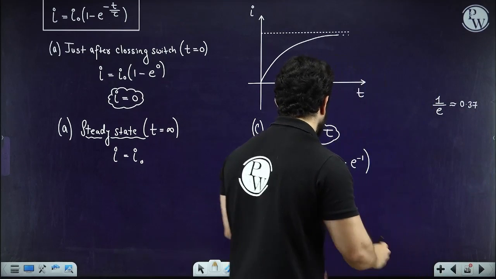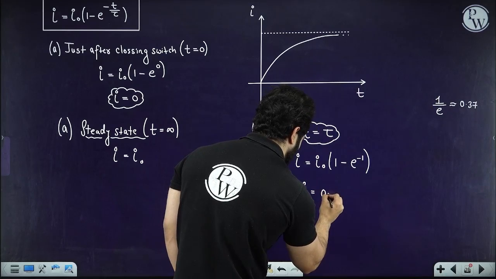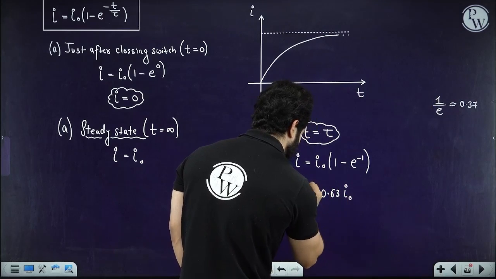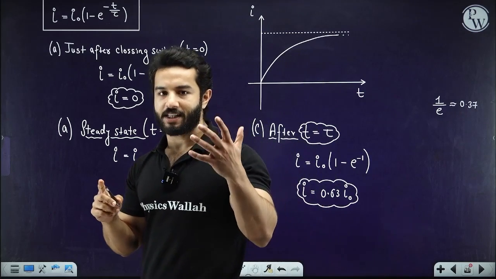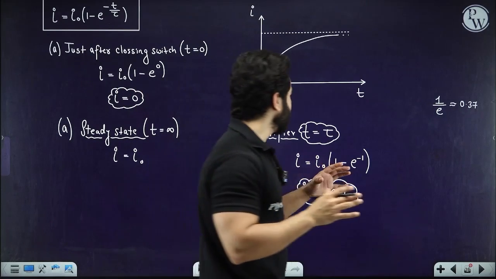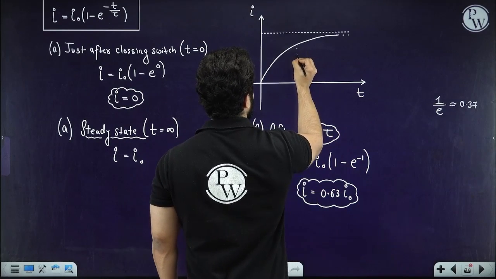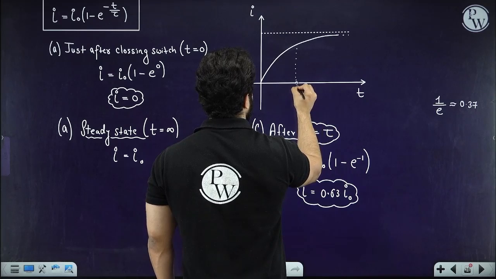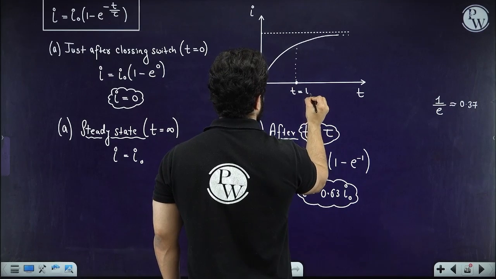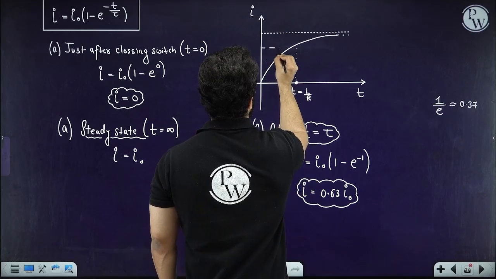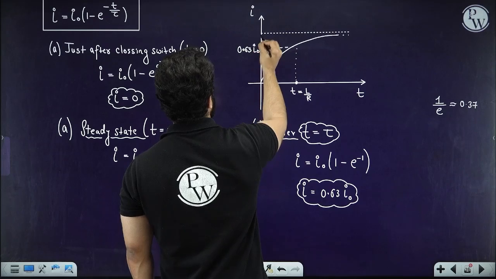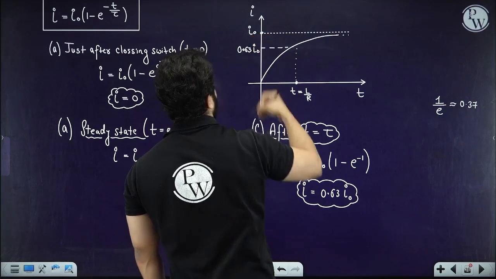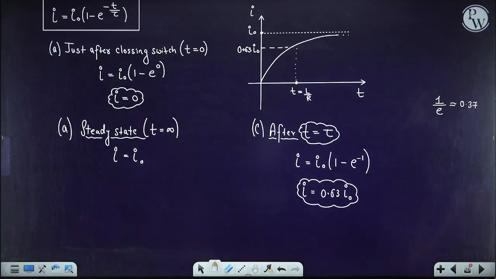So 1 minus 0.37 gives I equals 0.63 times I naught. That means after one time constant, current achieves 63% of its maximum value, right? So you might say that somewhere over here, this is one time constant, t equals L by R, the current is going to be 0.63 times I naught, where this is I naught.